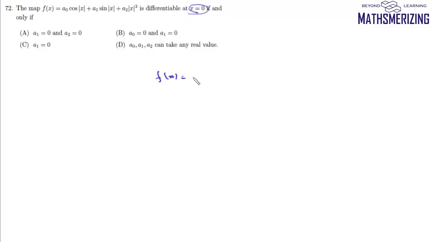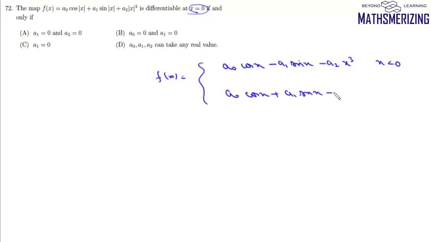We can write this function f(x) as a0 cos x minus a1 sin x minus a2 x cube when x is less than 0, and it will be a0 cos x plus a1 sin x plus a2 x cube when x is greater than or equal to 0. f(0 negative) will be a0 and this is 0, so it will be a0, and f(0 positive) will also be a0 and the value at 0 is also a0. So this function is continuous at x equals 0.